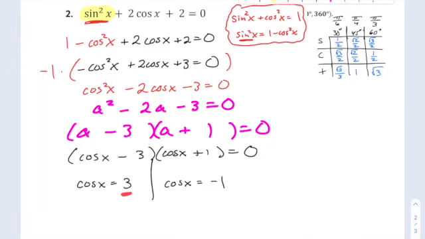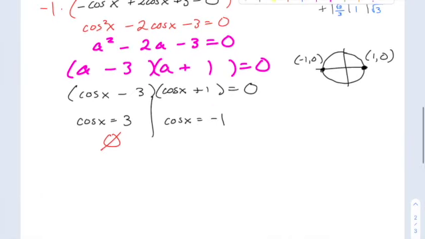And if you think about it, is cosine ever 3? On the unit circle, the biggest the coordinate can ever be, and cosine would be the x-coordinate, the biggest the coordinate ever is 1. And the smallest it ever is negative 1. It's always an x value between 1 and negative 1 on this. So cosine being equal to 3 doesn't have a solution. So hey, no problem. It just doesn't yield any solutions.